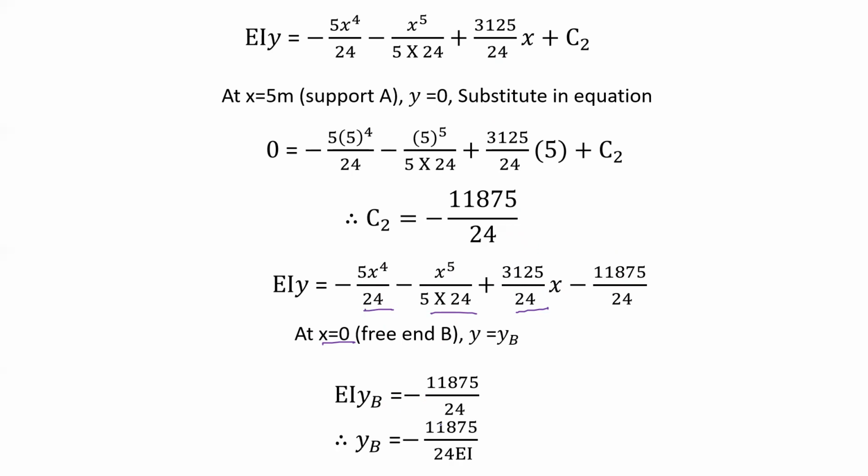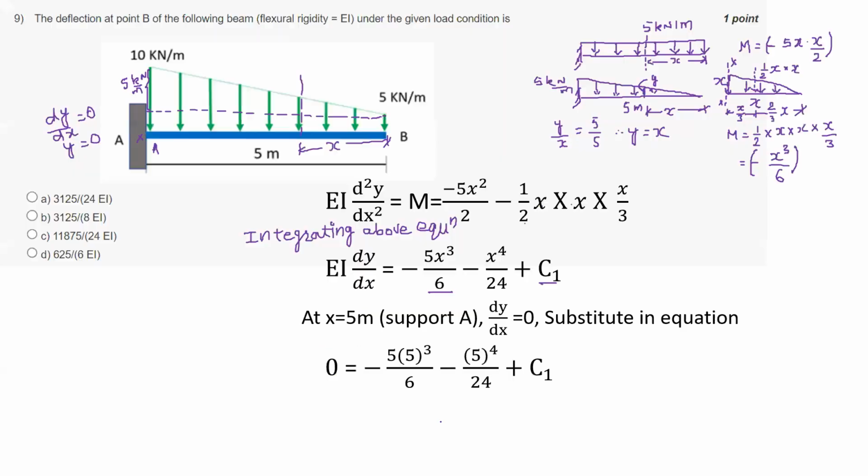So yB is minus 11875 upon 24 EI, which is option C. And then we have the last one.